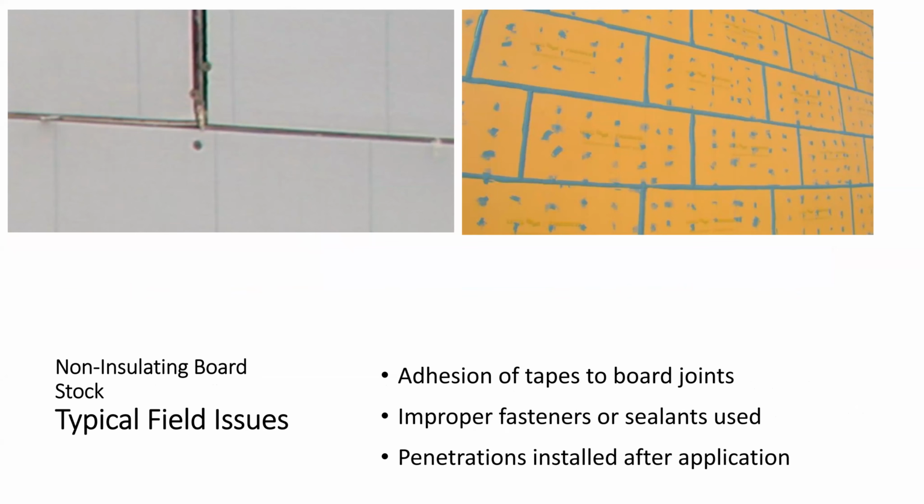There is one that's an actual full self-adhered membrane on the wall. Again, the focus is on screws and joints and seams, so the air barrier is already on and we're not worrying about that. We're just detailing those seams. So for insulating and non-insulating board stock, really the same types of things to look at and the same process to go through.